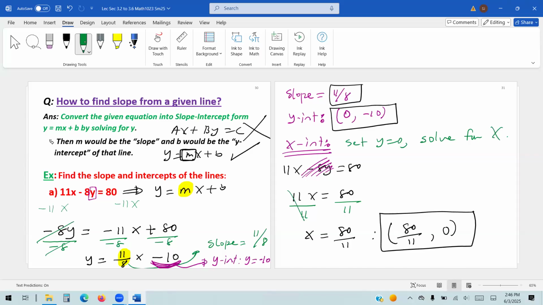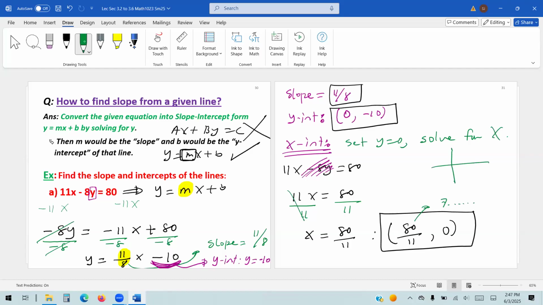So maximum it goes how many times? 7 times. 11 times 7 is 77. So this is something like 7 point something. So we have whole number 7 definitely.